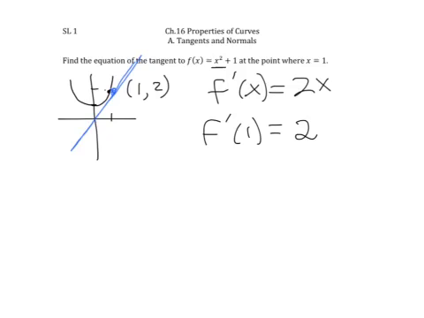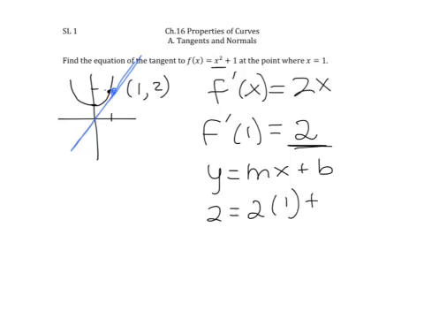So the slope of the blue line is 2, and we know it passes through 1 and 2. So given y is equal to mx plus b, where we know y is equal to 2, m is equal to 2 from here, and x is equal to 1, plus b, which leaves us with b equals 0. So the equation of this tangent line is just y equals 2x.